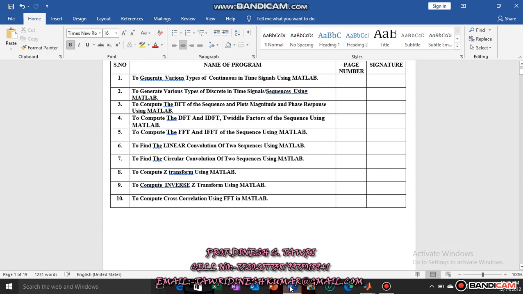Now we will see program number 6. In this program we have to find the linear convolution of two sequences using MATLAB. Convolution means the multiplication of two sequences.